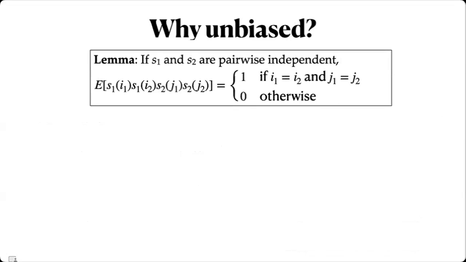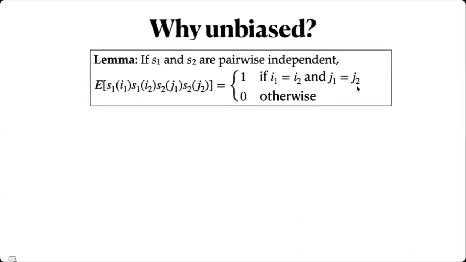To see that this is unbiased, all we need to observe is that if we multiply these sign functions, a product of S1(i1), S1(i2), S2(j1), and S2(j2), the only way we get something that's 1 in expectation is if i1 is equal to i2 and j1 is equal to j2.